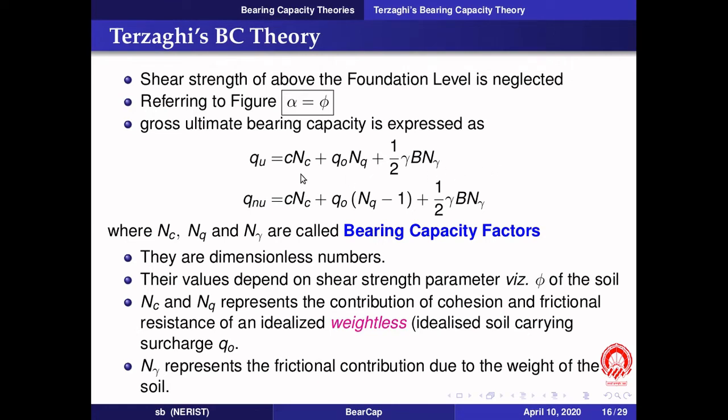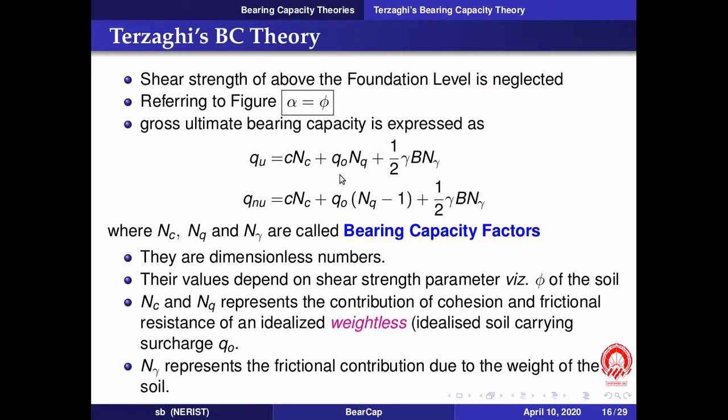One is due to the cohesion part of an ideal weightless soil where the effect of weight is neglected. Then the frictional resistance of a weightless soil only due to the surcharge, and the frictional resistance of a soil which has weight.